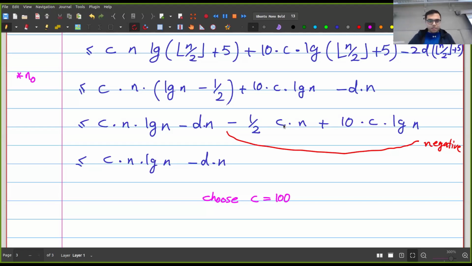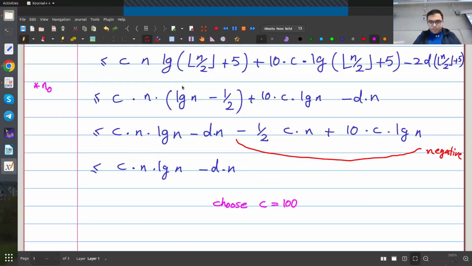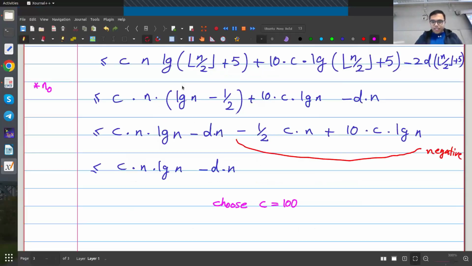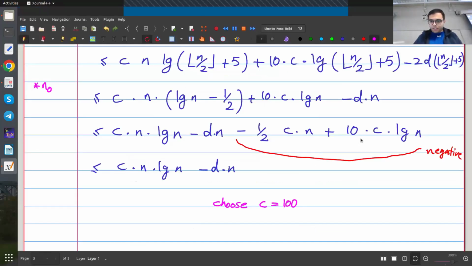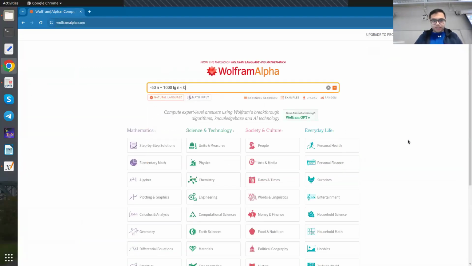So let's just ask Wolfram Alpha about this, because I don't want to do algebra. Oh, you cannot see this. Last time Wolfram Alpha didn't work for us, but this time, okay, I want minus 50n plus 1000 log n to be less than 0.